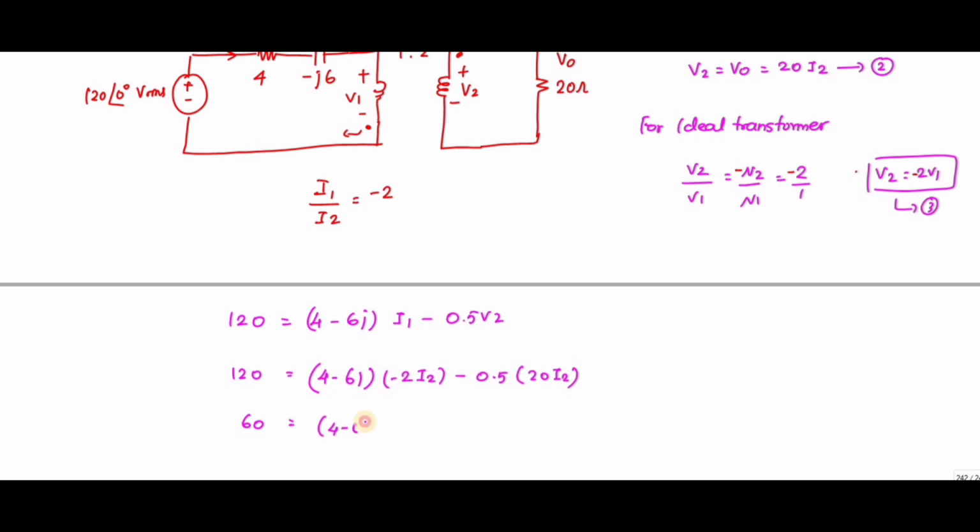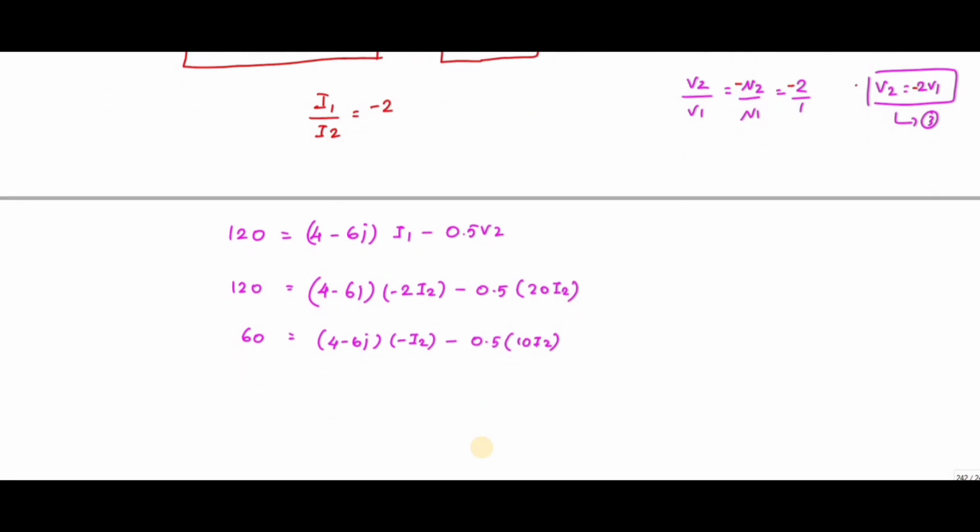Dividing the whole term by 2, that is equal to minus 4 I2 plus 6j I2 minus 5 I2.